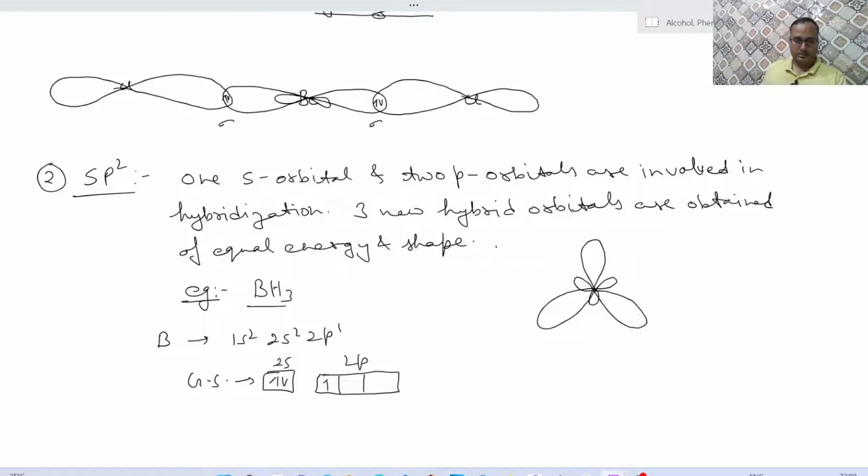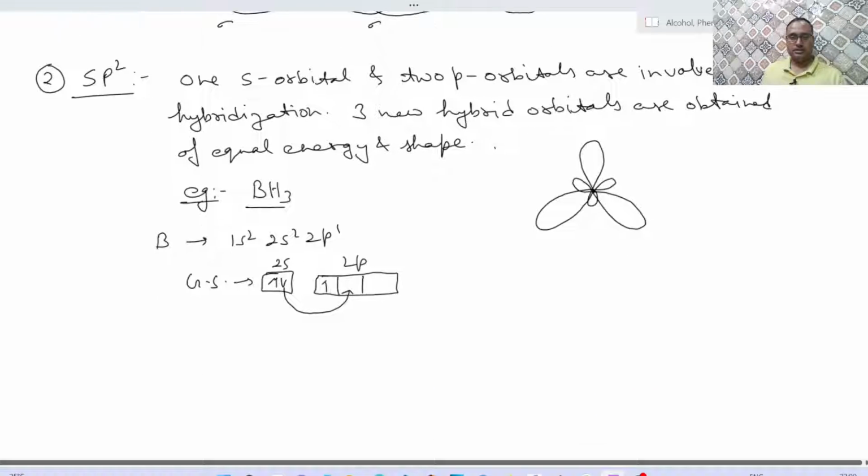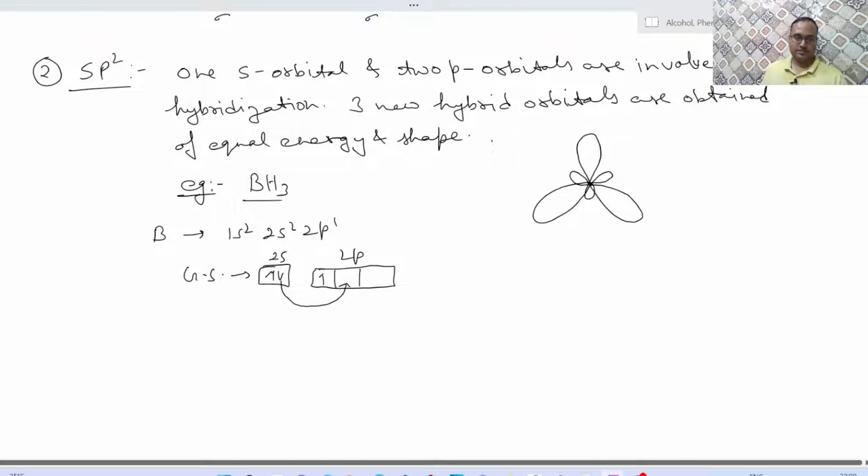Now what happens when the hydrogen atoms approach this boron, then one of the electrons from the 2s orbital jumps to the 2p orbital due to the repulsion caused by the electrons of the hydrogen. So in the excited state, we will have one electron in the 2s orbital and two electrons in the 2p orbital.